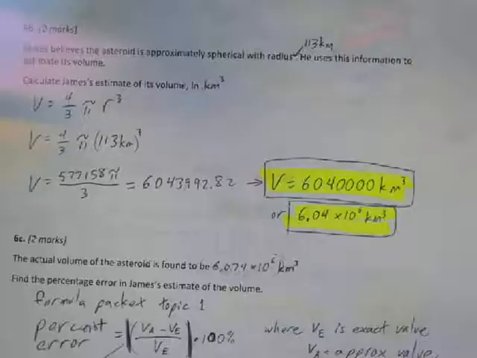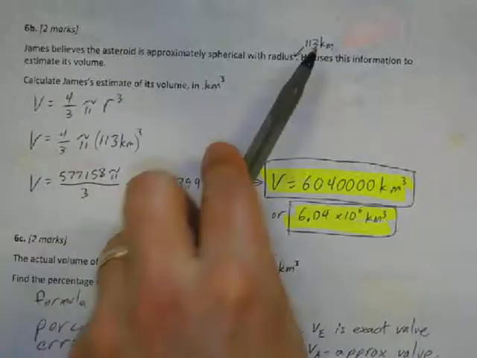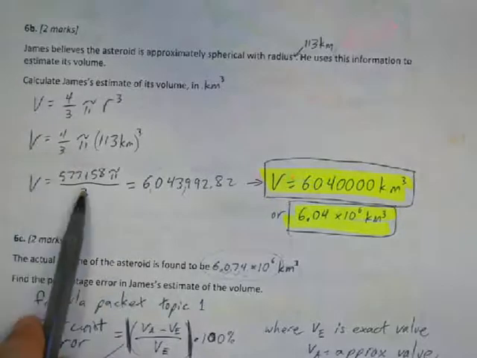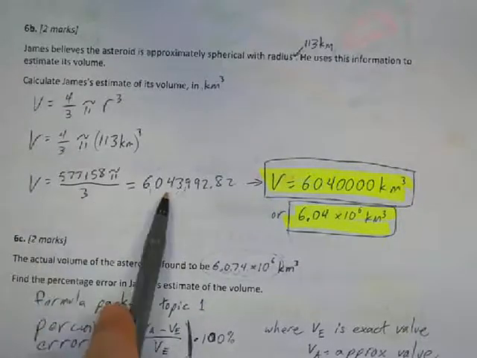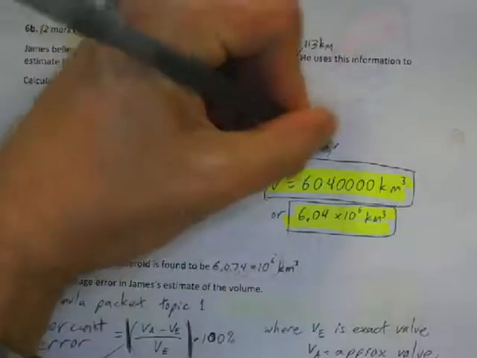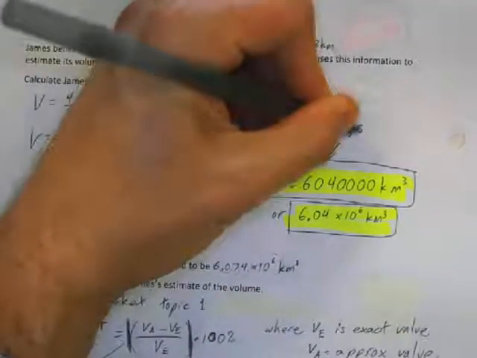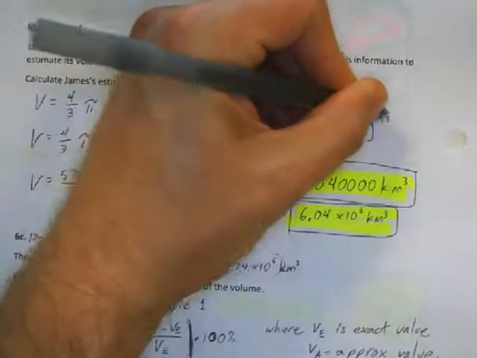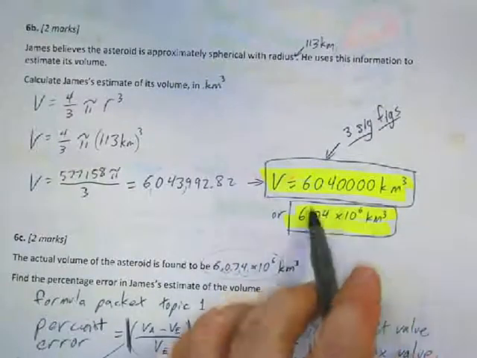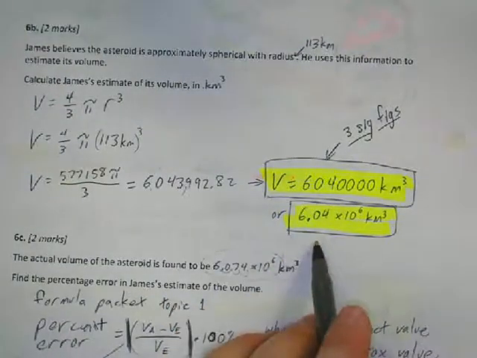So using that formula and the 113 kilometers cubed, we simplify it to get this, and then we simplify it to do this. Don't forget 3 significant figures. Okay, and this could be simplified and expressed in either form.